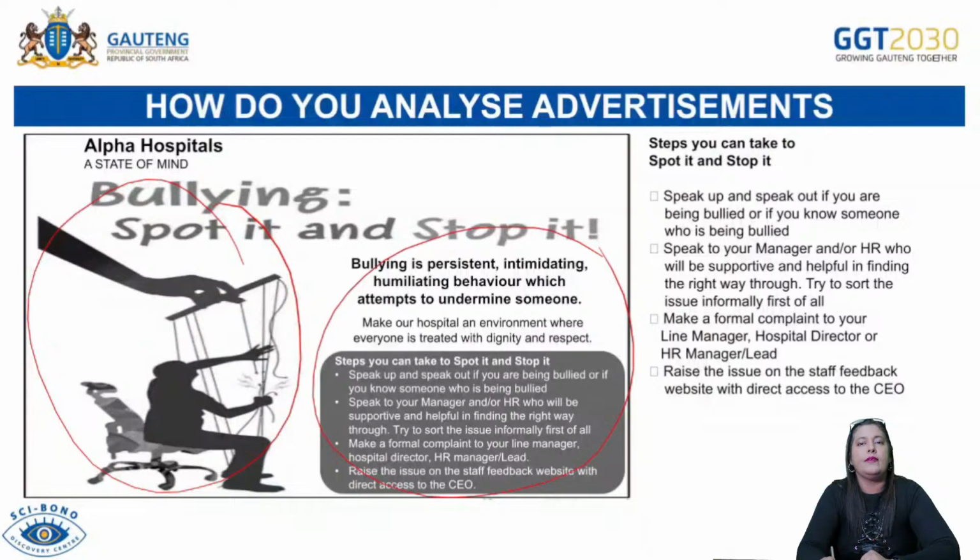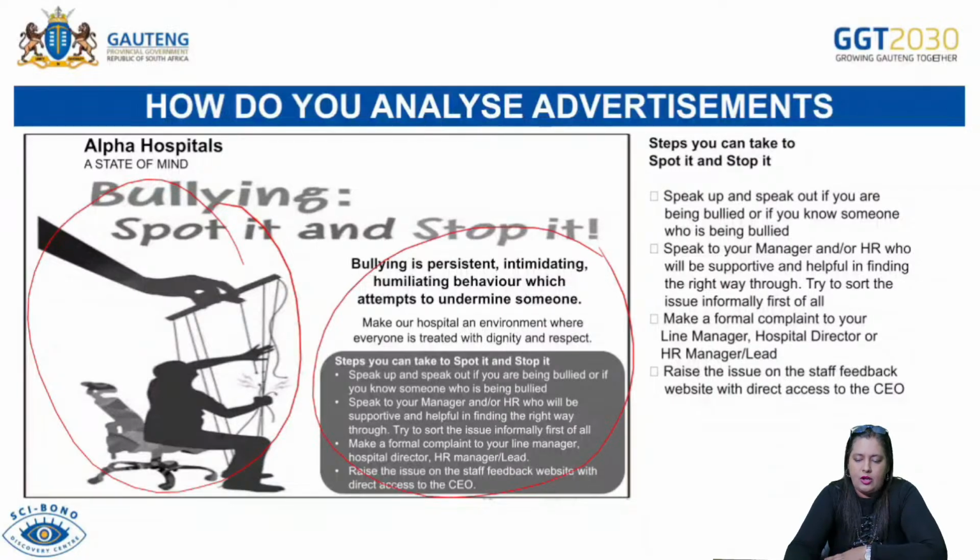And then the examiners, obviously wanting to make sure that no one is unfairly disadvantaged here, so they give you the text in a text box of what has been given at the bottom of the advert or within the advert, so that you can read it clearly and understand the message of the advertisement. So in dealing with this particular advert, let's look at what's happening here.